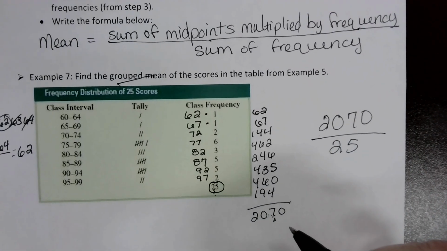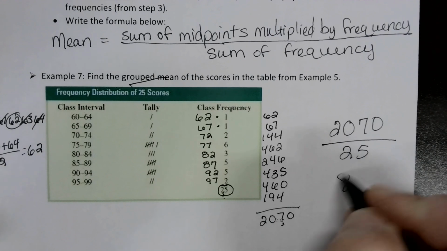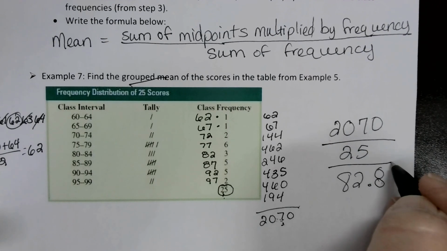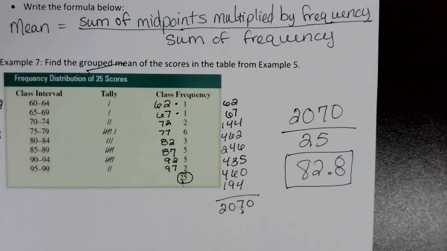And we wind up with an answer here of 82.8. So that's the mean score for the test, right? I'd say that's pretty successful. That's the mean score for that test.